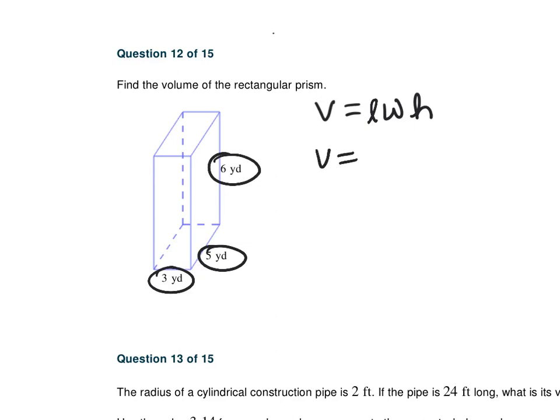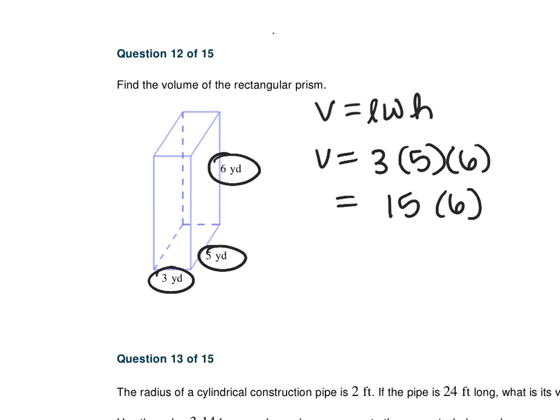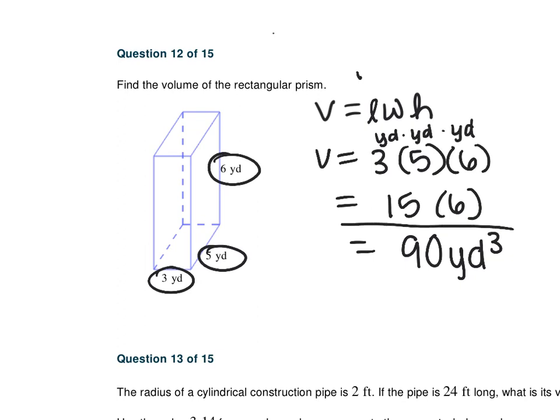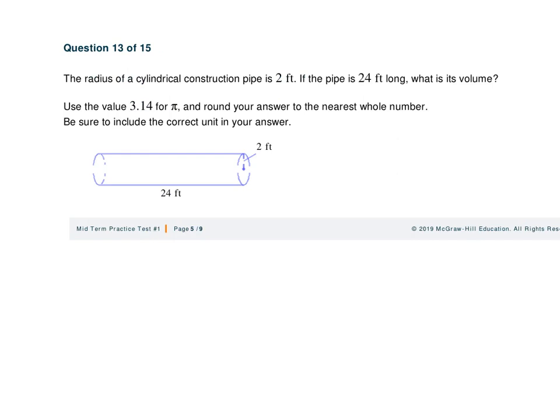So V equals 3 times 5 times 6, which gives us 15 times 6, and gives us an answer of 90 yards cubed, because if you remember, we're doing 3 times 5 times 6, which is yards times yards times yards, which we simplify to yards cubed.